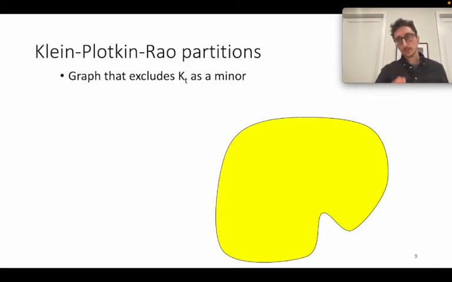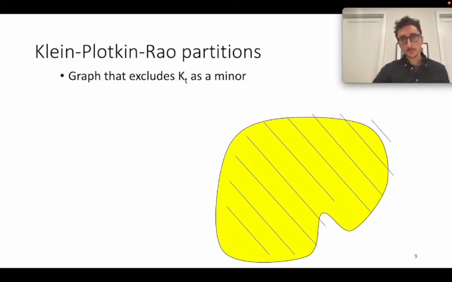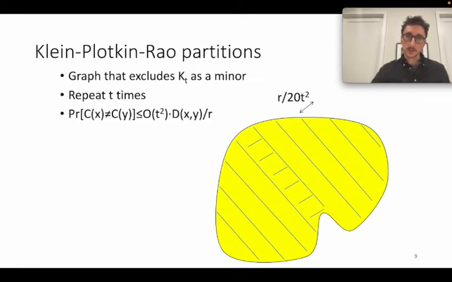If you have a graph that excludes some minor of size t, then you do a similar partitioning scheme looking at the BFS layers starting from some arbitrary root. You randomly shift the boundaries of the BFS layers, and then you recurse in its connected components. What they showed, surprisingly perhaps, is that by repeating t times, you obtain clusters of bounded radius. This is roughly the key idea here.